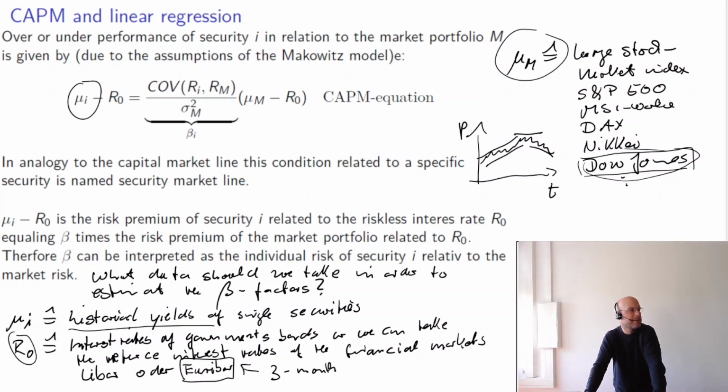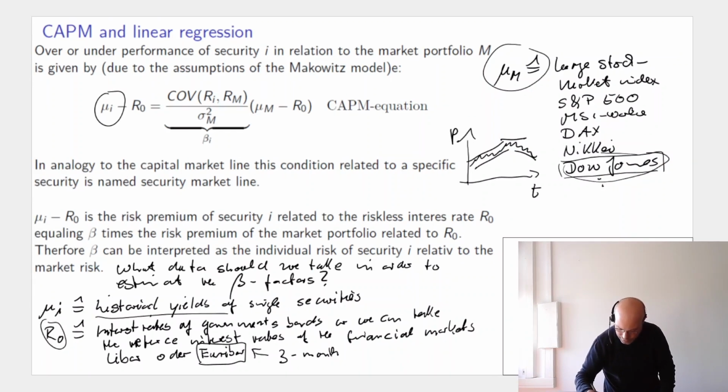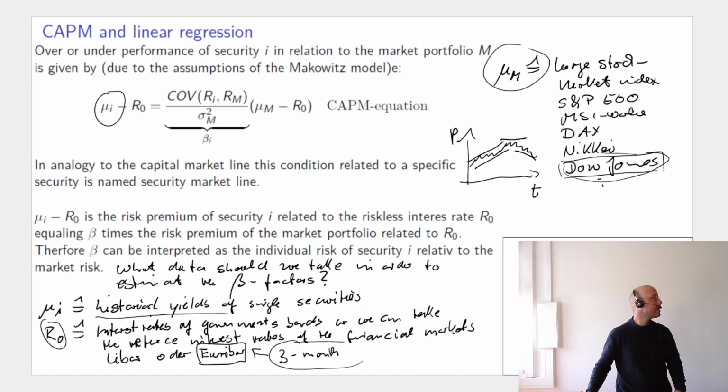If you go to financial web pages, then you find the Euribor with periods from 1 month to 12 months, I think. But in general, the 3 months Euribor is taken as the general reference interest rate. But of course, there is no law that you have to take this. You think about what you want to do, and then you can choose, hopefully in a good way, which data you want to take.